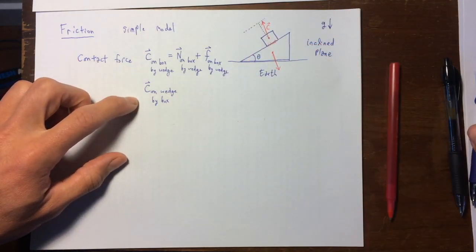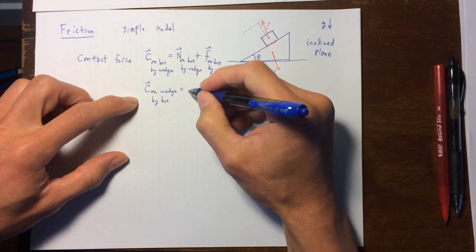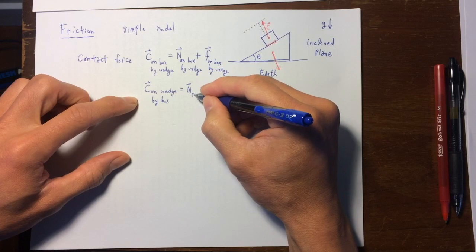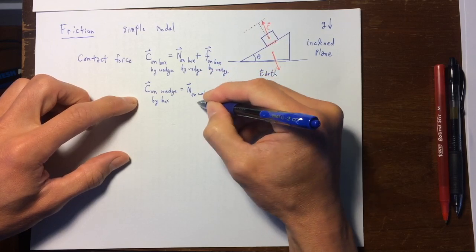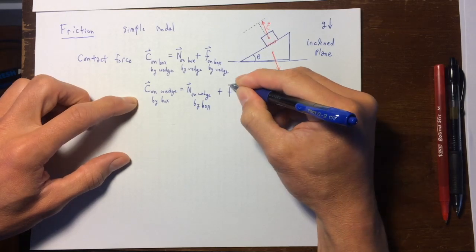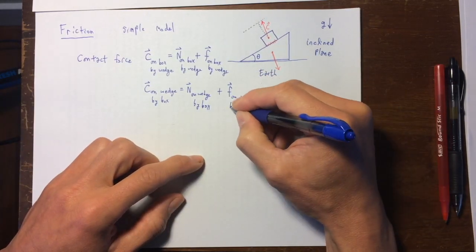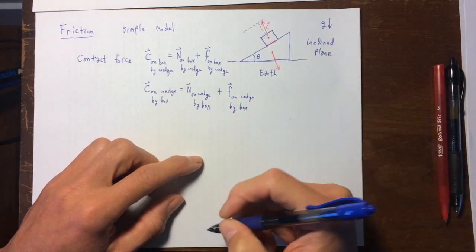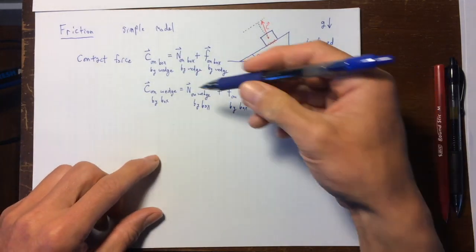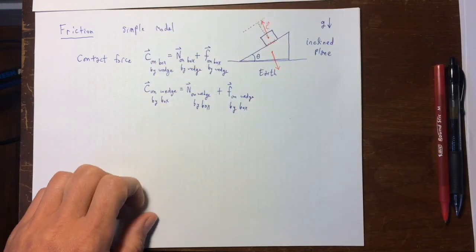It's exactly a Newton's third law pair to the normal, plus also a friction on the wedge by the box. So Newton's third law even happens to the components of the vector.